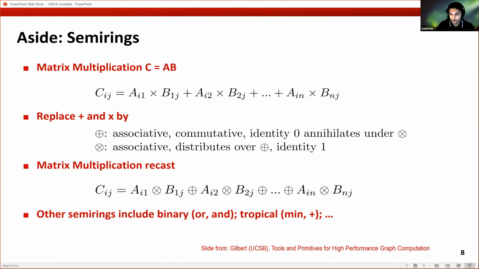These semi-rings are used frequently in the graph processing community as they're a way to change a computation depending on the semi-ring that's being employed. So if you were to use a tropical semi-ring in a graph processing application, you might be able to get shortest paths instead of a classical matrix multiplication.